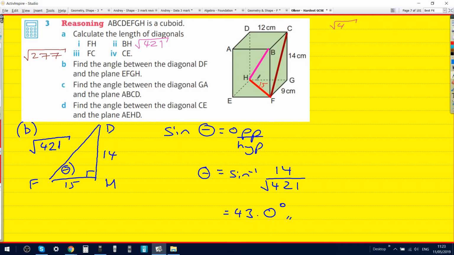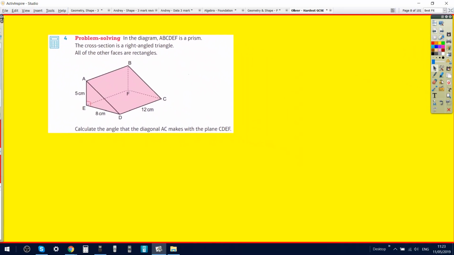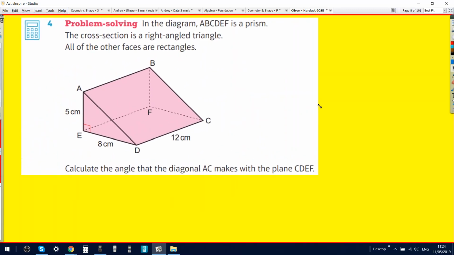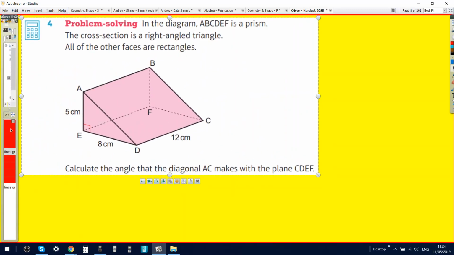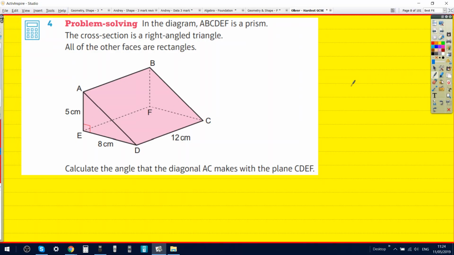No, that's right. So I just want to leave this because it's going to get very cluttered, and it's already too cluttered. Let's see. So let's do this one, AC.